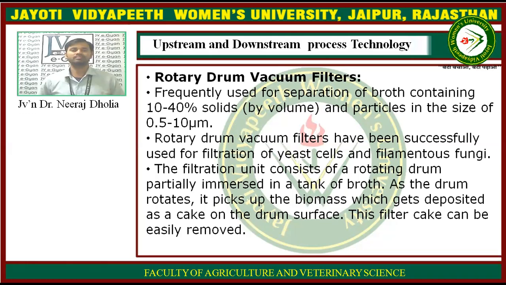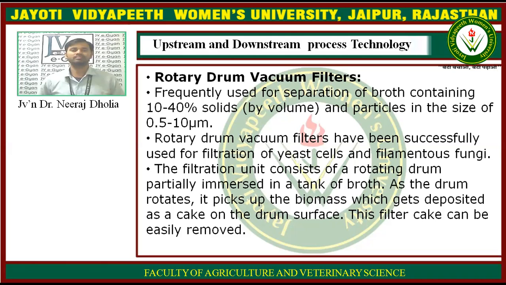It is frequently used for separation of broth containing 10 to 14% solids and particles in the size of 0.5 to 10 micrometer. Rotatory drum vacuum filters have been successfully used for filtration of yeast cells and filamentous fungi. This is the specific application of the rotatory drum filter.